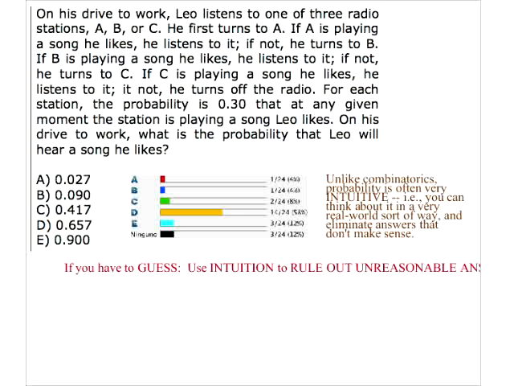On the other hand, even if you're not guessing, even if you think you have an answer to the problem, you should still use intuition. What you should use intuition for in that case is to check your answer for reasonableness.